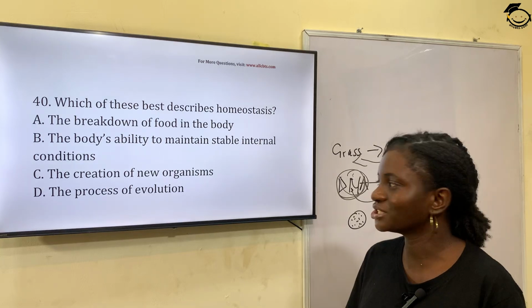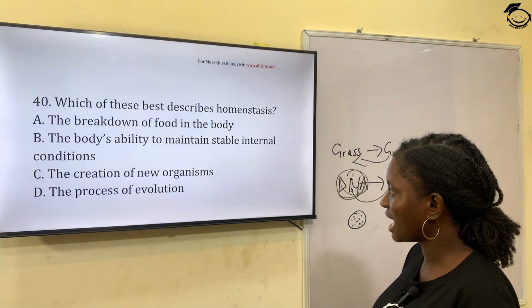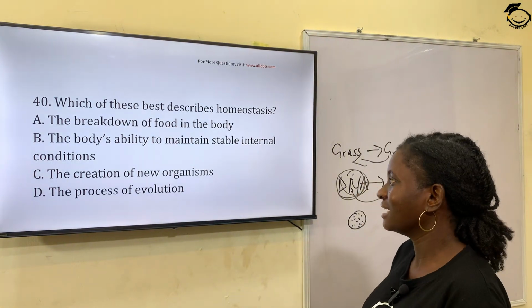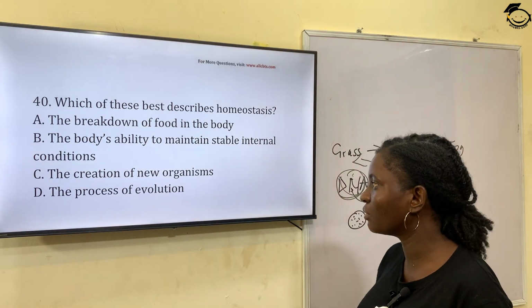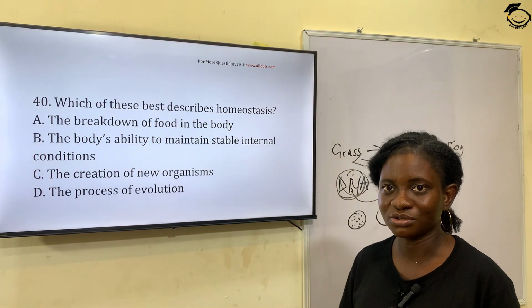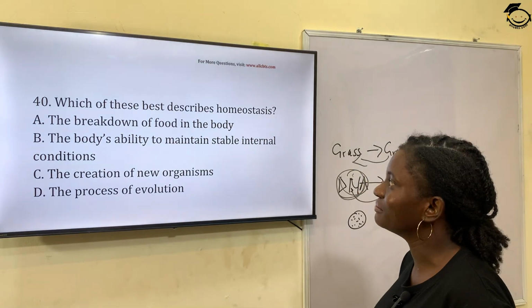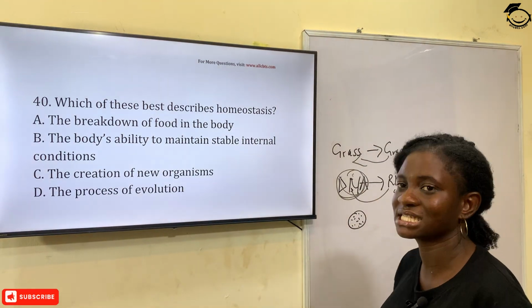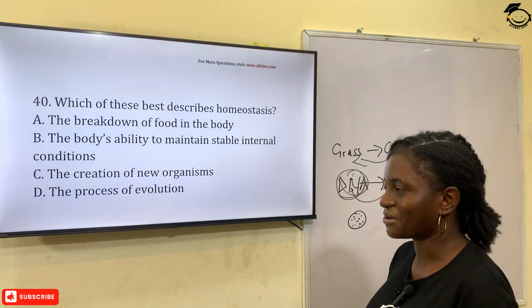Option C, the creation of a new organism. And option D, the process of evolution. So option B is the correct answer. It is the body's ability to maintain a stable internal condition, to attain equilibrium. So that's the meaning of homeostasis. Option B is the correct answer to the question.